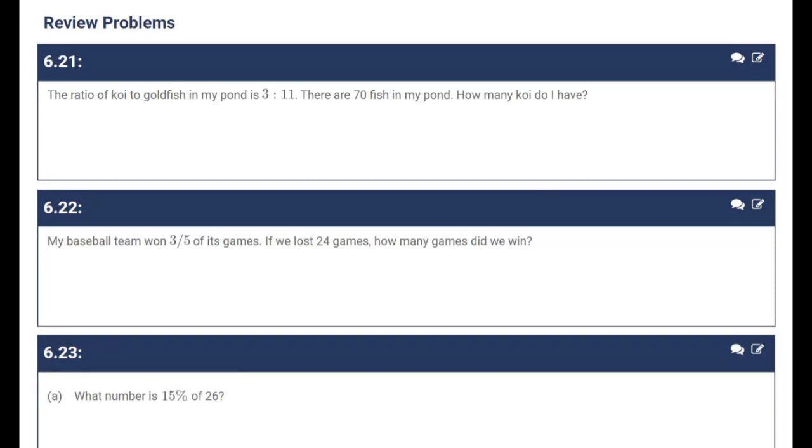Okay, I'm going to start with 6.21. They want you to find the ratio of koi to goldfish in the pond, and the ratio is 3 to 11, which adds up to 14. There are 70 fish in total in the pond, and how many koi do I have?